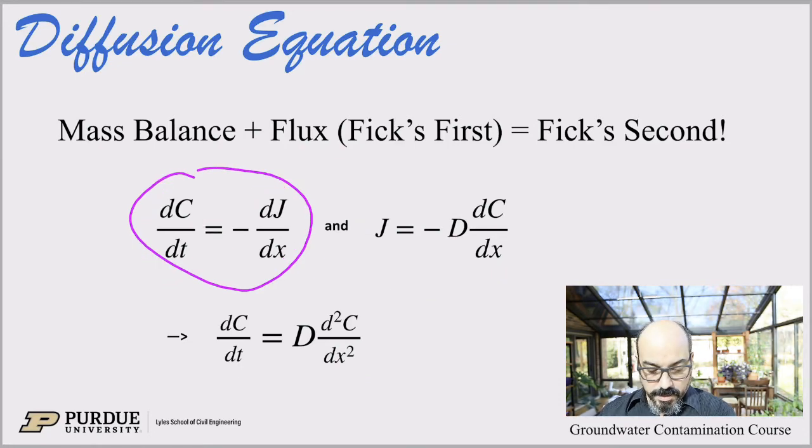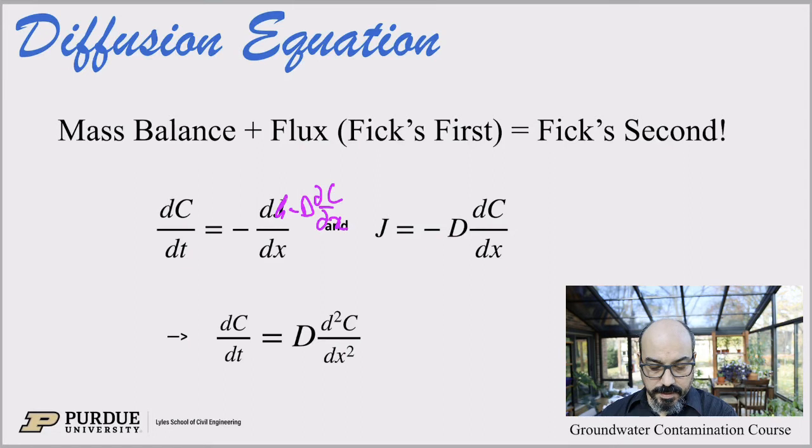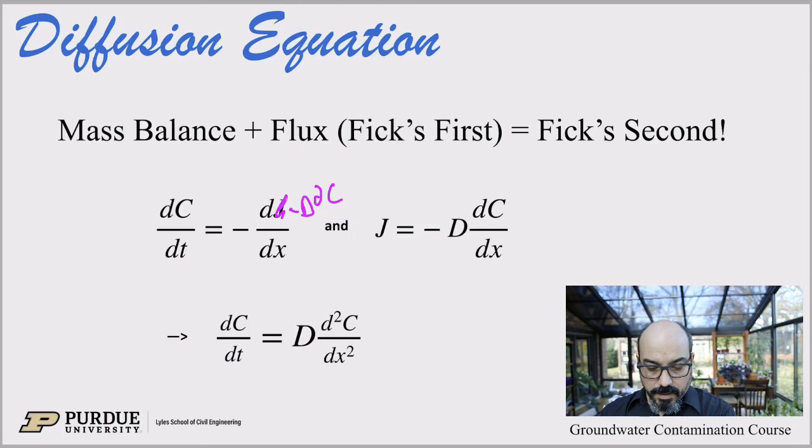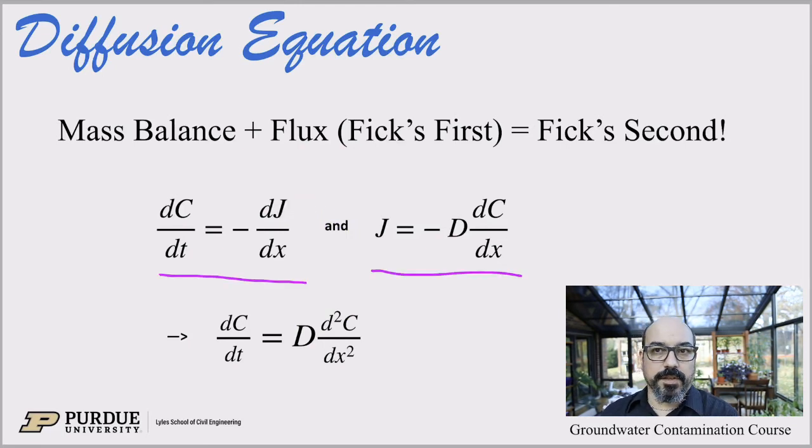This is because if we replace J by minus D dC/dx, you can see that this is going to give us dx squared, and then we have D twice, so that's our D squared C over dx squared. And the diffusion coefficient, if it's a constant, and we'll talk about this a little more, can come out of the differential. So now we have it. This is Fick's second law after we put together the mass balance and a definition of the flux.